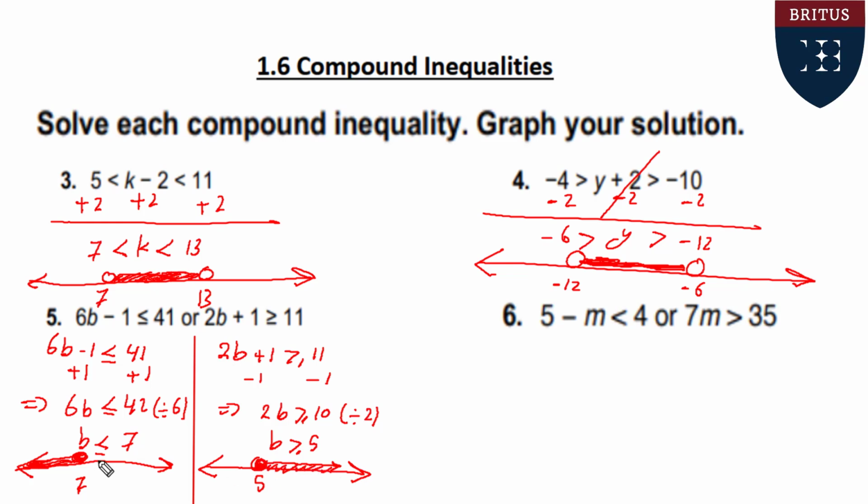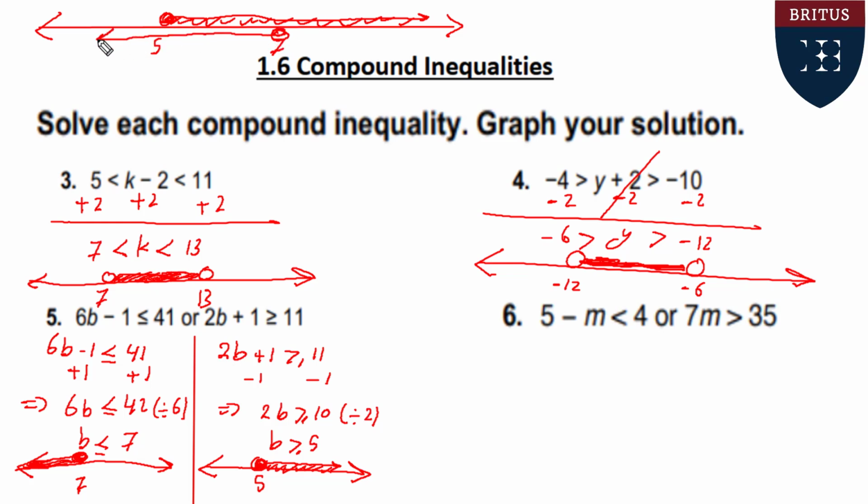Now we can draw one line for the two inequalities. Just draw the line, and we have 5 at the left, 7 at the right. 5 is shaded, and we need all the real numbers greater than 5. And 7 is shaded, and we need all the numbers that are less than 7.